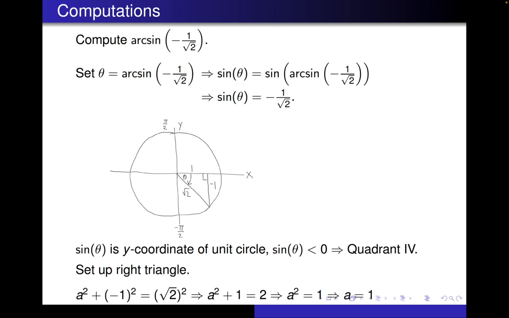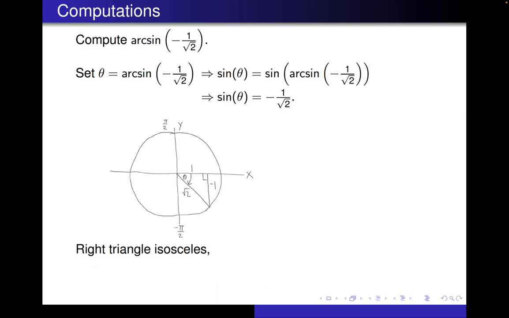Now I've got to take a good hard look at that triangle and ask myself, do I recognize it? Well, yes, of course we do. That's an isosceles right triangle. Both sides of that triangle that are not the hypotenuse have length 1. So we have two sides of length 1, one side of length square root of 2. We know what that one is. Theta is less than 0, and we have an isosceles right triangle.